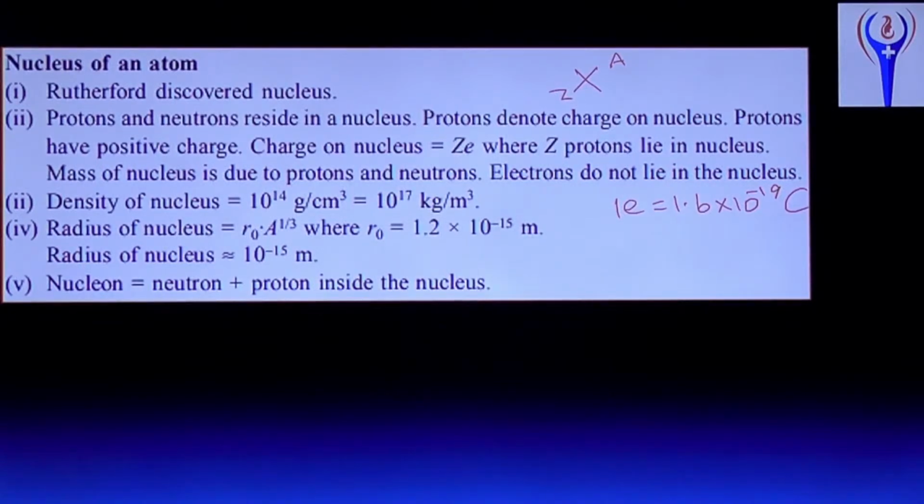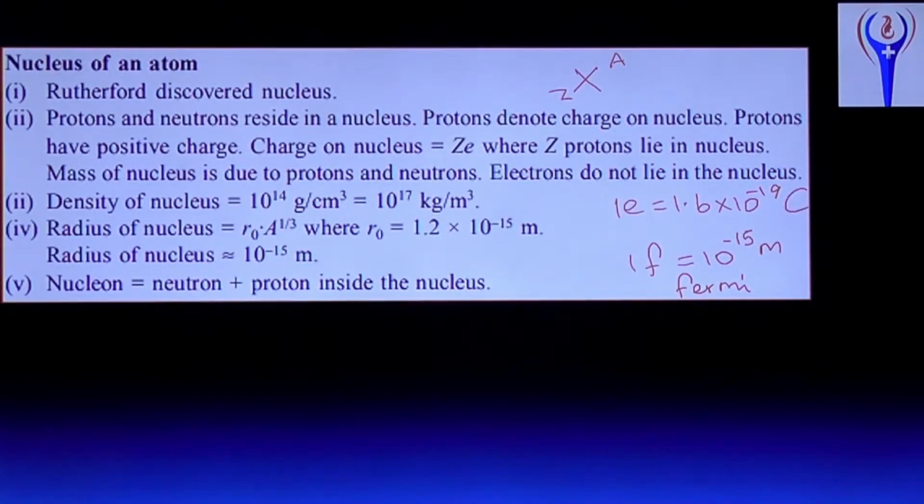What is the name of that? 10 power minus 15 meter is equal to 1 Fermi. 1 Fermi equals 10 power minus 15 meter, just like 1 angstrom is 10 power minus 10 meter, 1 nanometer is 10 power minus 9 meter, 1 micrometer is 10 power minus 6 meter. Like this, 1 Fermi is equal to 10 power minus 15 meter.